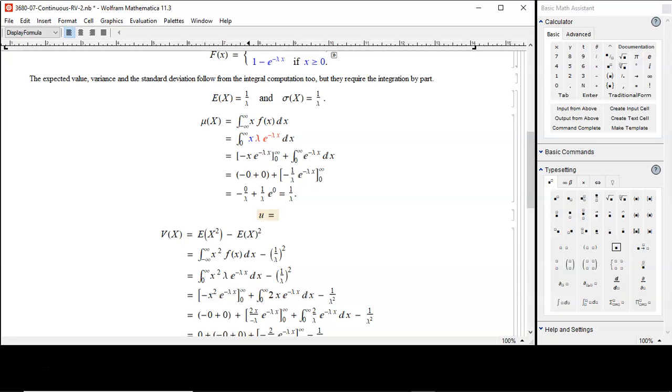So u is x, v prime is lambda e to the negative lambda x. Therefore, u prime is 1, v is negative e to the negative lambda x. That's the setting.